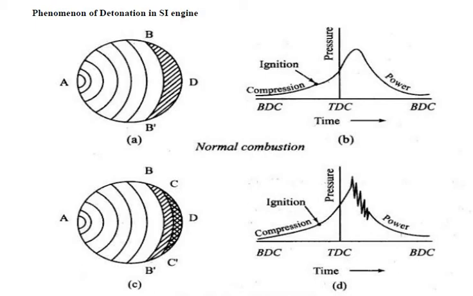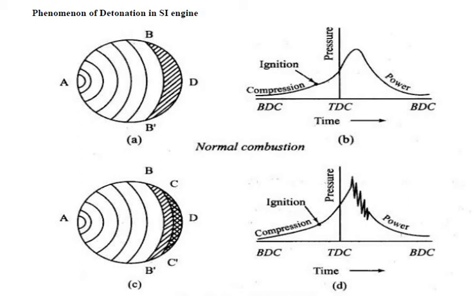First I am going to consider the two diagrams here. First one is the A diagram and the B diagram. In the A diagram, this is the engine cylinder. It completely represents the SI engine cylinder.